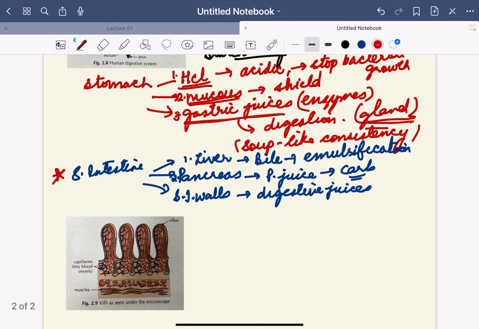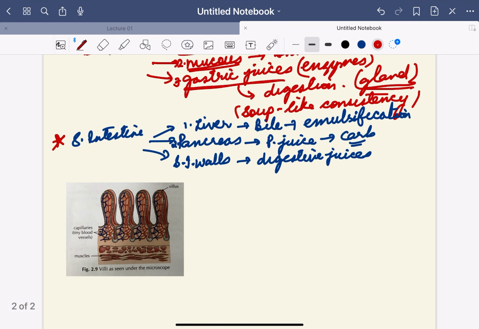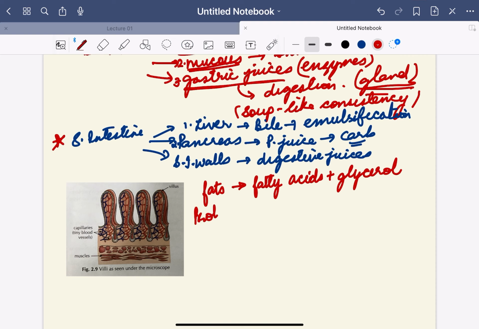Now what are the products of digestion? The fats will be digested completely into fatty acids and glycerol inside your small intestine. The proteins will be digested into amino acids.